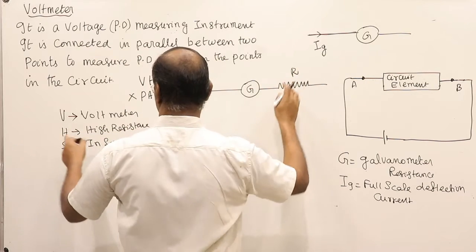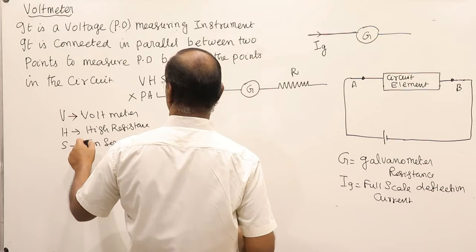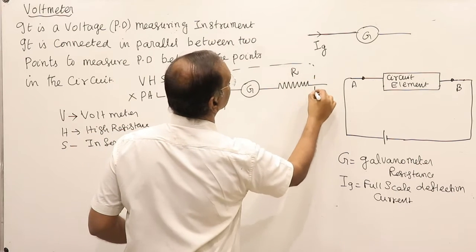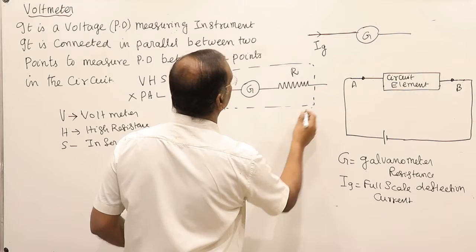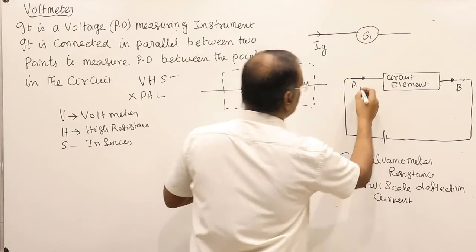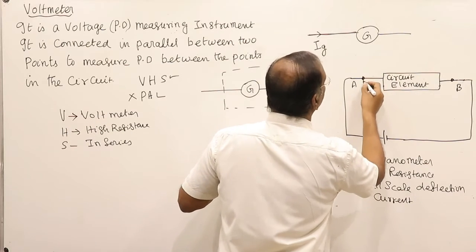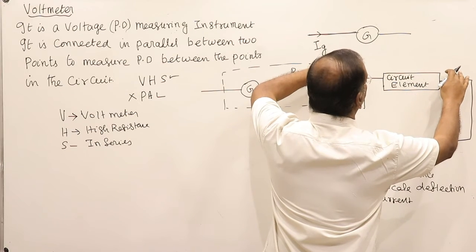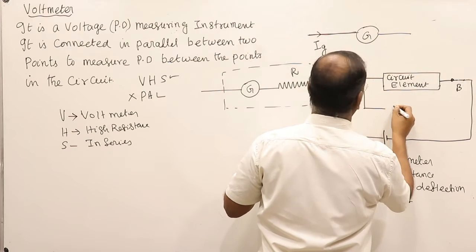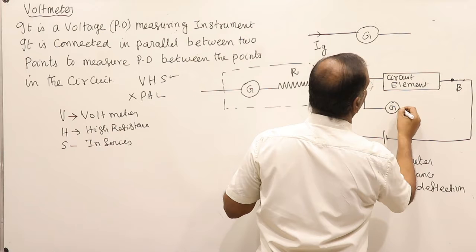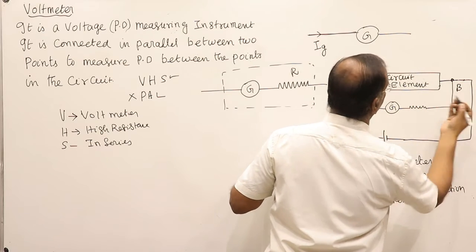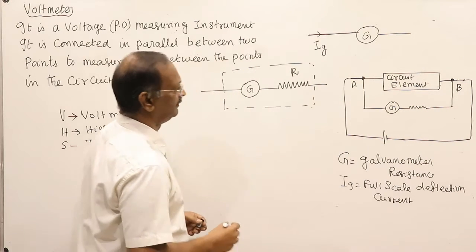High resistance in series, then this arrangement becomes a voltmeter. This arrangement is connected in parallel between the points in which we want to find out the potential difference, that is, in parallel in this circuit. That's all.